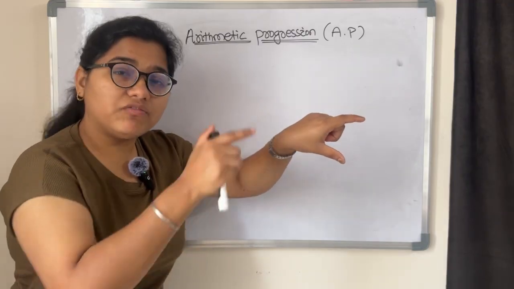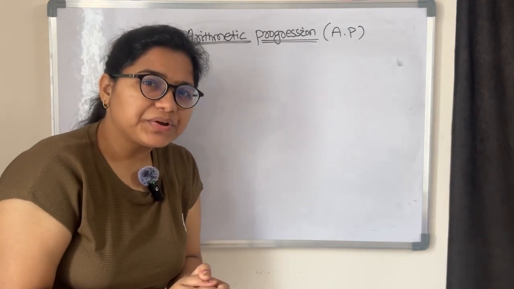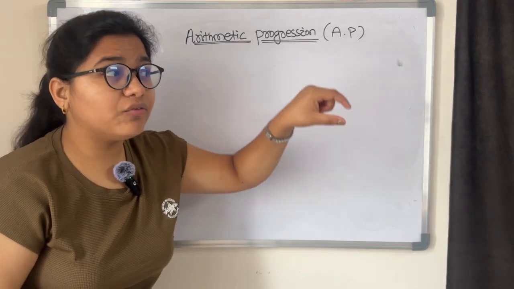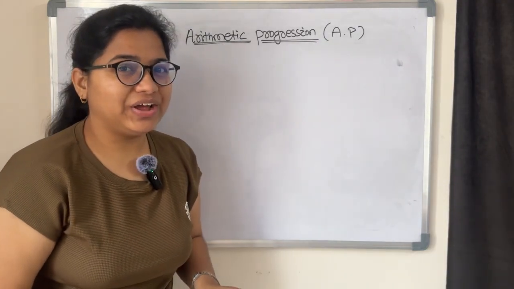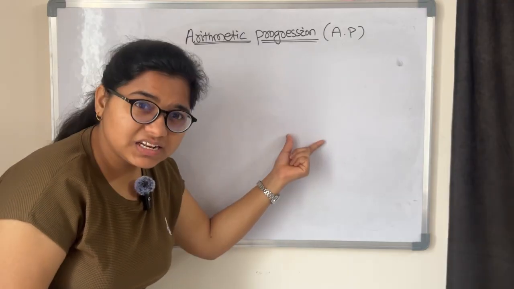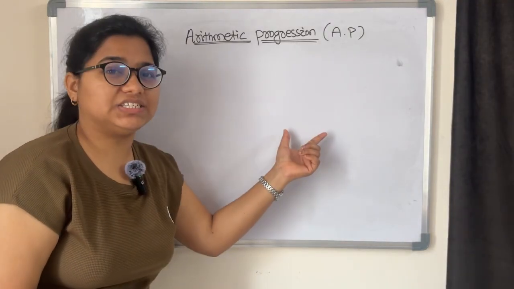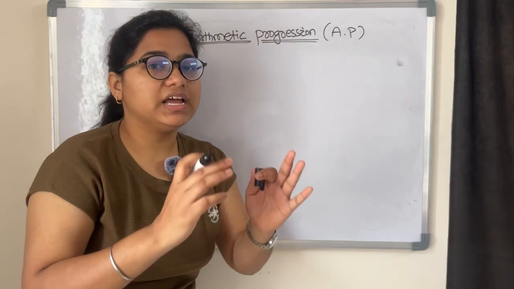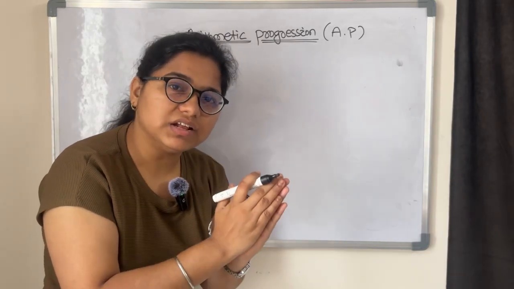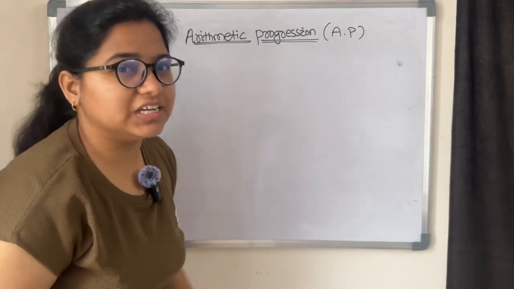If the sequence follows a particular pattern, then we can say that it is AP. To check that, let me write the definition. If the sequence satisfies the definition, then it will be in AP. That sequence is called AP if it satisfies the definition.